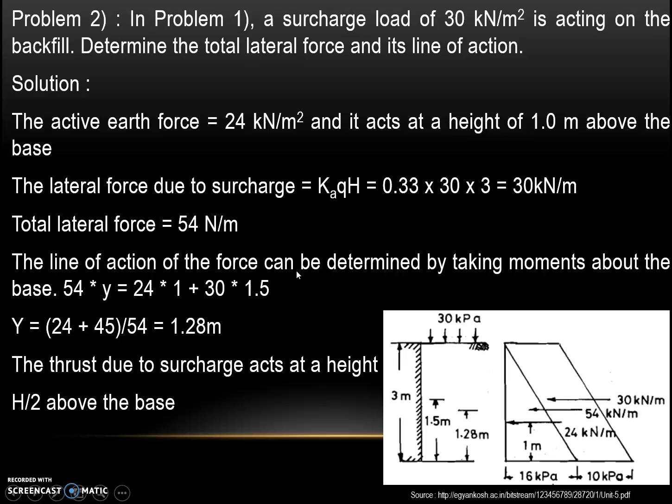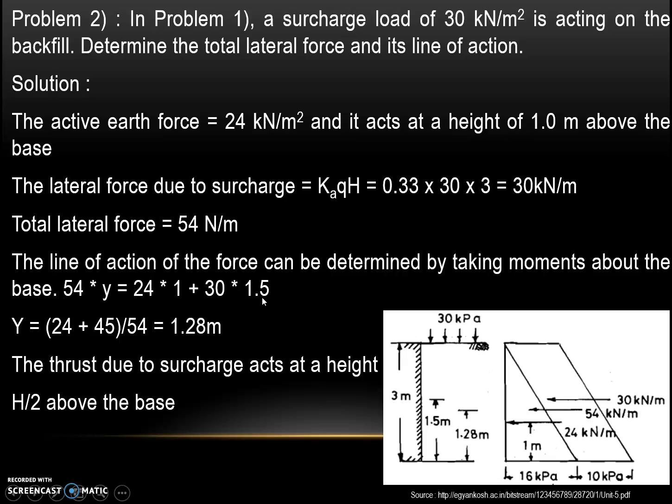The line of action of the force can be determined by taking the moments about the base. So we will equate the moment due to the resultant and the moment due to the individual forces. The moment due to the resultant is 54 into y, considering that it is acting at a height of y from the base of the wall, which is equal to 24 into 1 plus 30 into 1.5. 1.5 is because for a rectangle, the CG will be at h by 2.